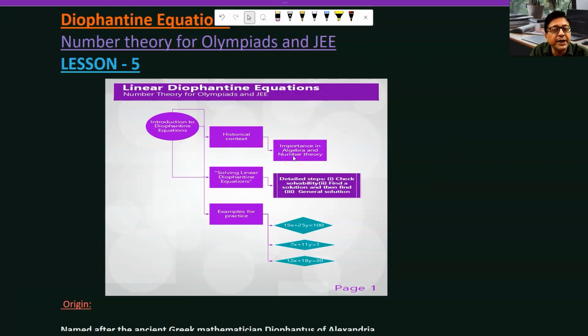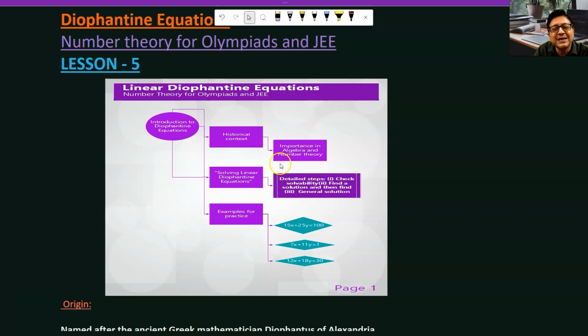If we see the learning map, we are going to learn the following topics. Introduction to Diophantine equations, historical context, which I have already mentioned. No need to understand the solution of the Diophantine equation, but you must know the person who worked behind this for a long time.